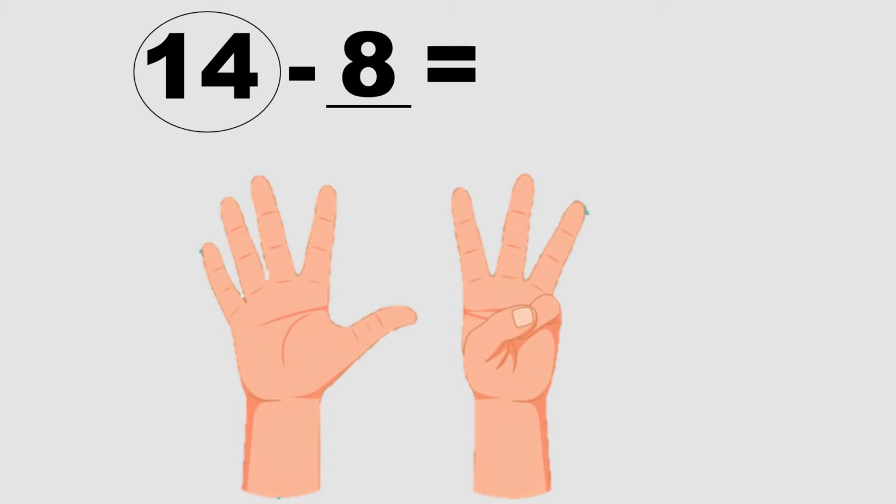Now count backward from 14. 13, 12, 11, 10, 9, 8, 7, 6. The answer is 6. So 14 minus 8 is equal to 6.